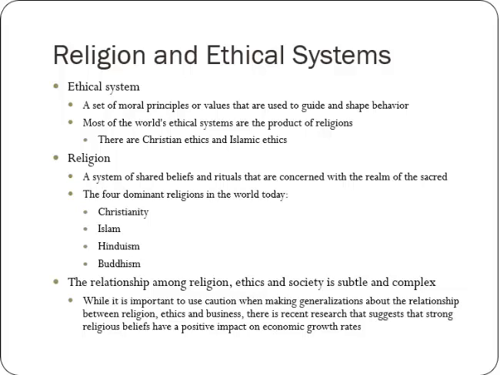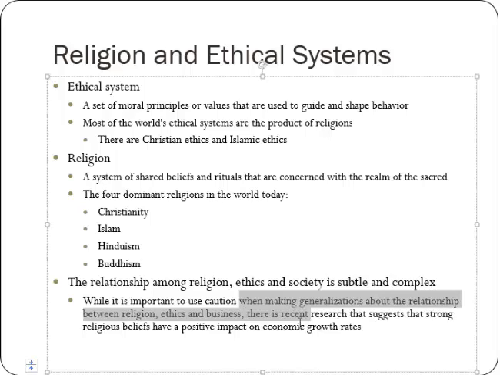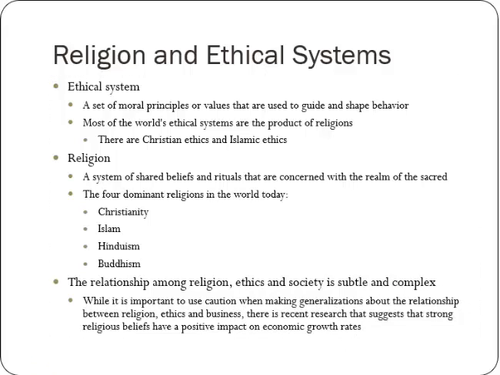So these are slightly different concepts from each other, although they're all interwoven into the calculation that you need to make when doing business in a country. You need to take all these three things into account. It's important to use caution about generalization among societies just based on their religion, or without taking into account these other factors.